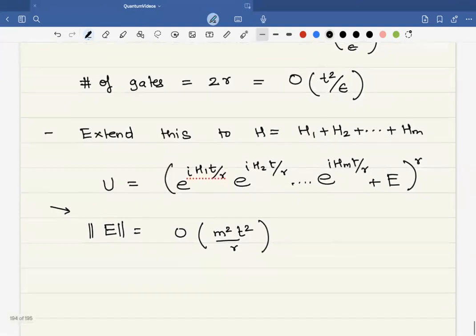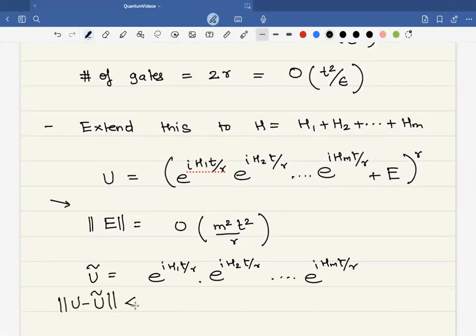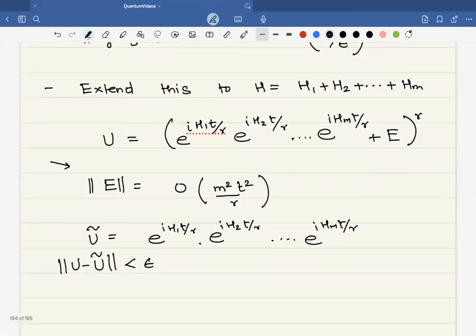And so if I want U tilde, which is e to the i H1 t over r, H2 t over r, up to i Hm over r, such that U minus U tilde is less than epsilon, then one can do the same calculation and show that r has to be of order m squared t squared over epsilon.